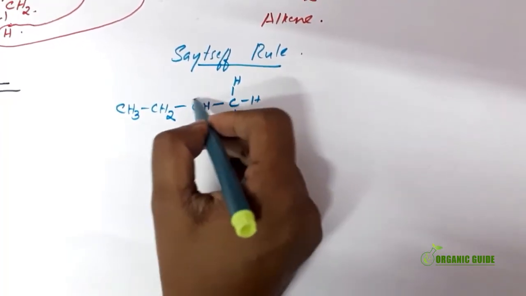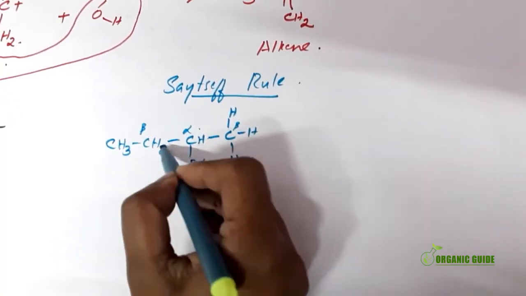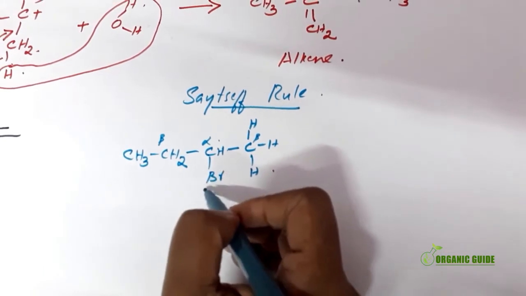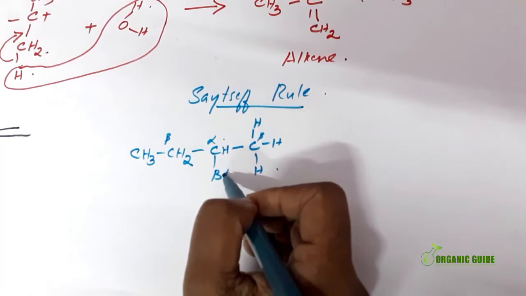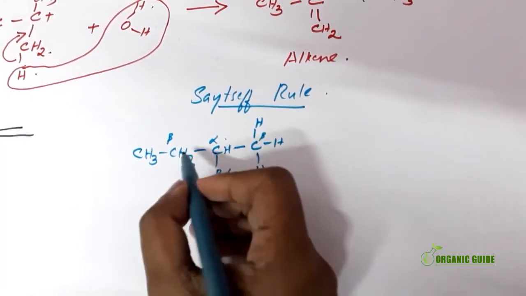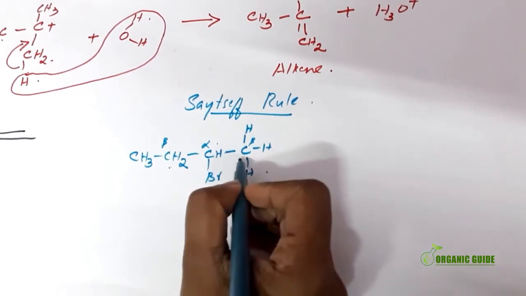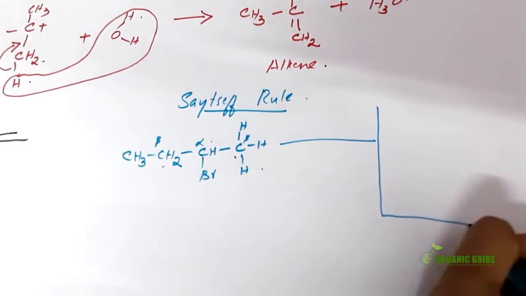This is the alpha carbon and it contains two beta carbons. Here there are two beta carbons. So halogen will be eliminated from this alpha carbon, and hydrogen can be eliminated from both this carbon as well as from this carbon. So two types of products are possible.